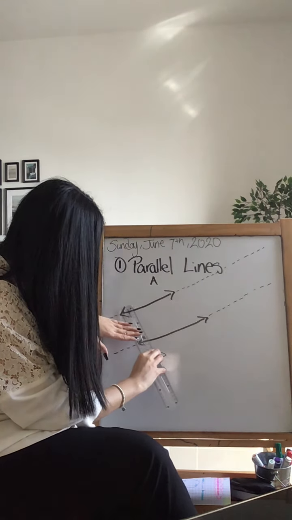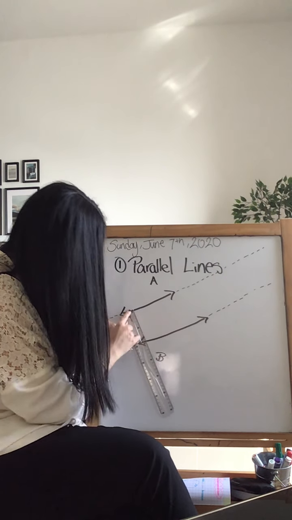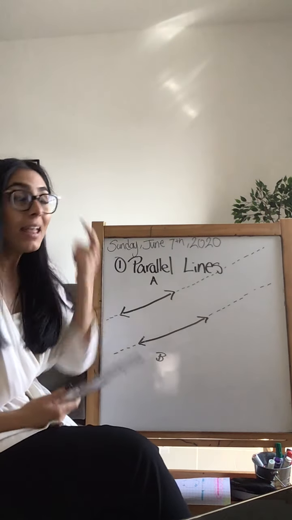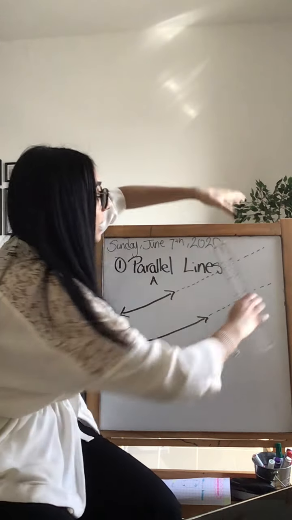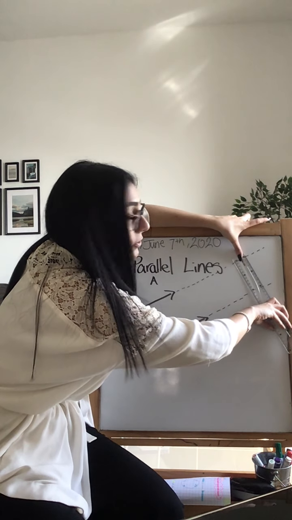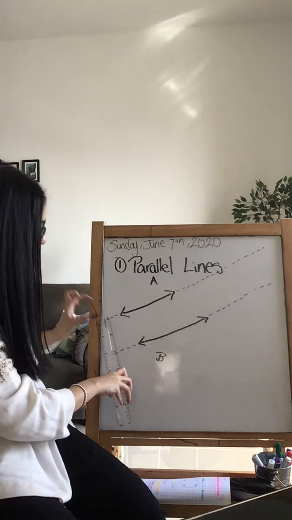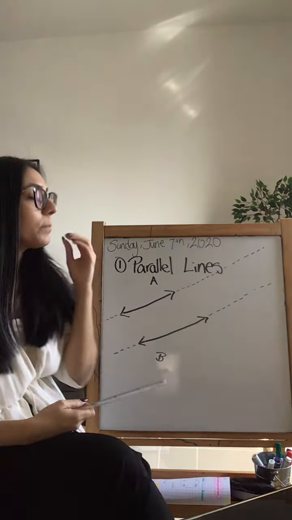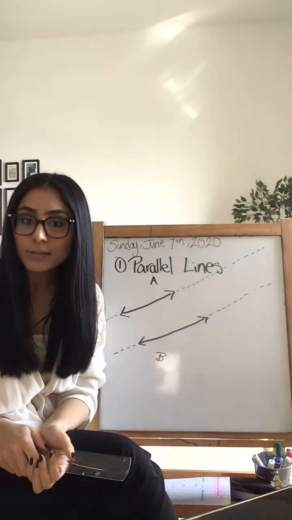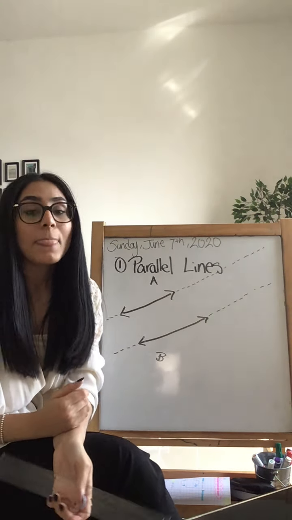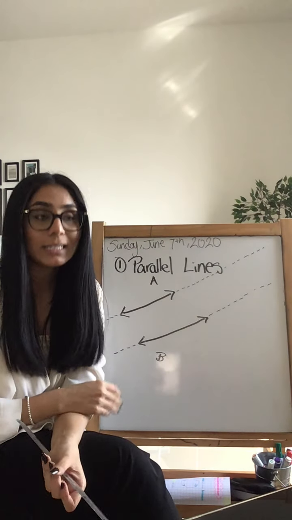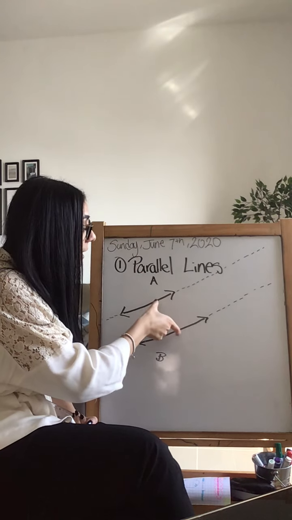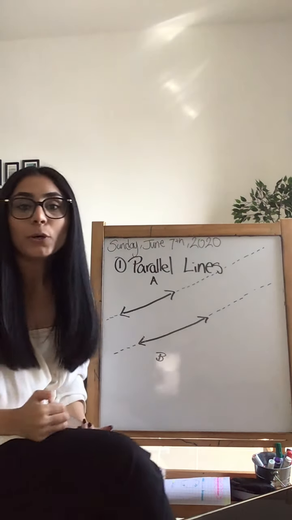So for example, this is about 10 centimeters apart. That means if I continued it, it's always going to be 10 centimeters apart, always. It's never going to be 9, because if it was 9, 8, 7, 6, 5, it'd start coming together, right? So parallel lines are two lines that will never intersect, they will never meet, they will never cross, and they always keep the same distance apart, okay?